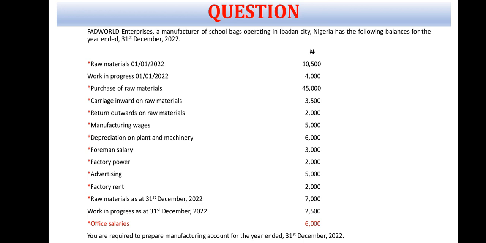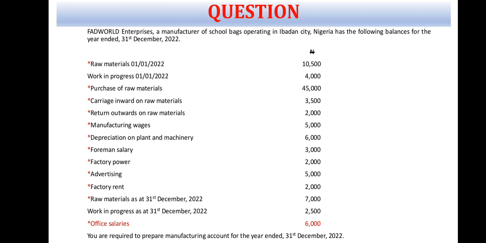It's also the same thing. Office salary, there's nothing concerning manufacturing with office salary. So in that case, office salary will also not be included under the expenses. It will be an expense under trading profit and loss account, not under the factory section. So that is all about the indirect expenses we have.